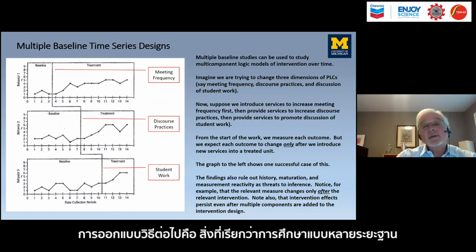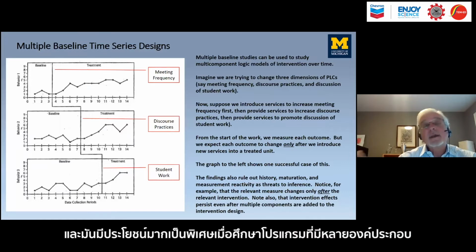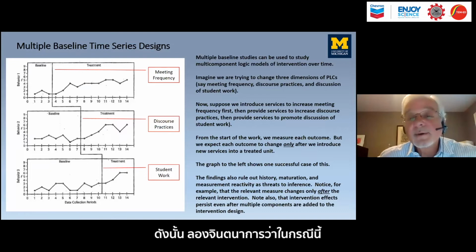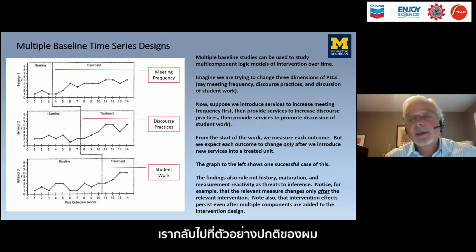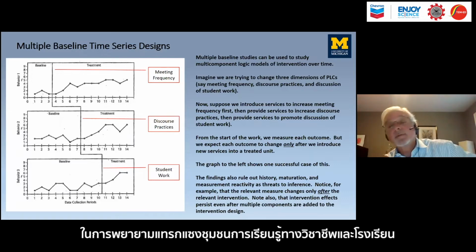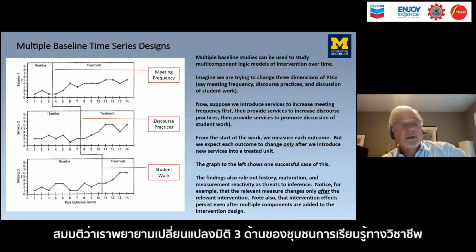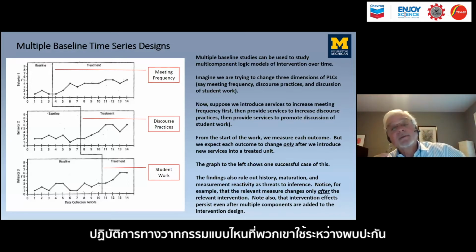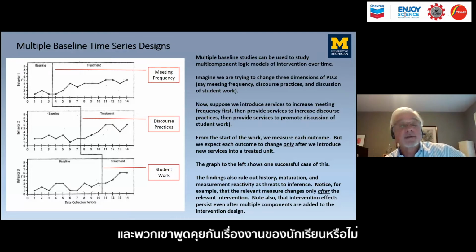The next one is what's called a multiple baseline study, and it's particularly useful for studying interventions which have multiple components, and your design strategy is to phase the components of the intervention in over time. And so imagine in this case, let's go back to my usual example of trying to intervene on professional learning communities in schools. Supposing we're trying to change 3 dimensions of professional learning communities: how frequently they meet, the kinds of discourse practices that they use while they're meeting, and whether or not they discuss students' work.